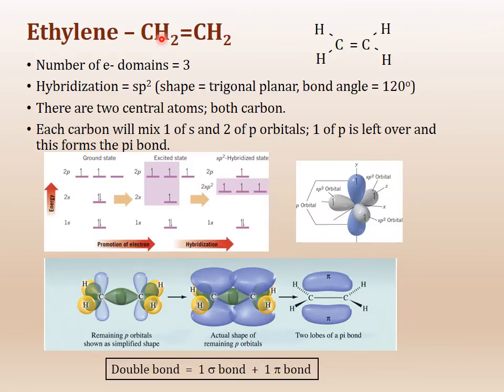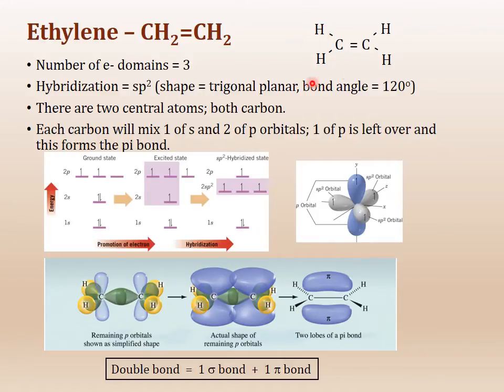Ethylene, here we have a carbon-carbon double bond. This is what the structure looks like for ethylene. Now, without doing too much calculation over here, look at the central carbon, 1, 2, 3. 3 electron domains. If you have 3 electron domains, it means that you have sp2 hybridization. So at least we know what our starting point is.